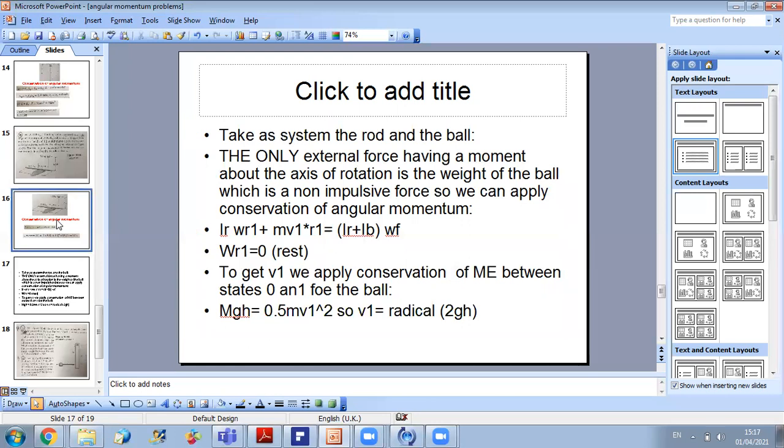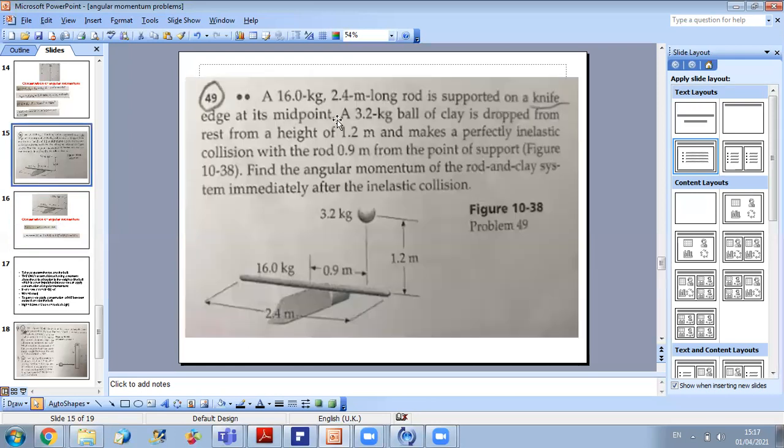First, the rod: when you have a rod and they don't tell you anything in the given, it means it's a homogeneous rod. Who remembers what its inertia is? What is the inertia of the rod about this axis? ML squared over 3. ML square, not about the extremity, about the center of mass, ML square over 12.